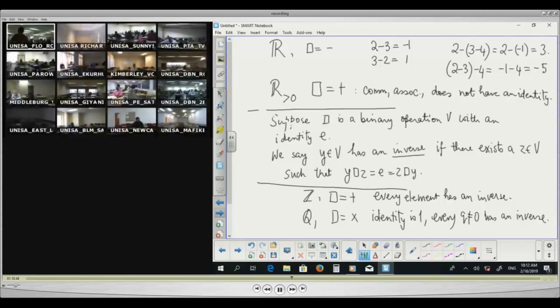There is a convention. Few people do not consider 0 to be natural, and few do. I belong to the last list. I do consider 0 to be a natural number. So my natural numbers start from 0. So the natural numbers have an identity with respect to addition. And that's 0.